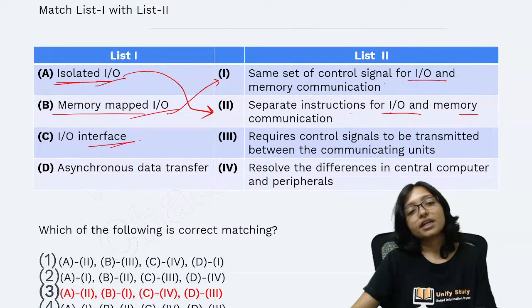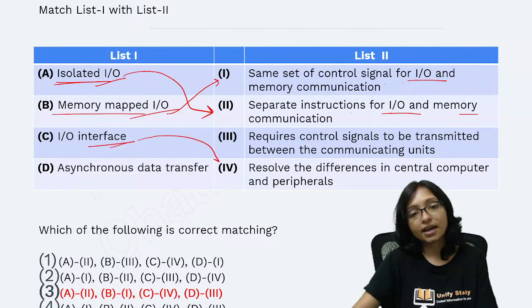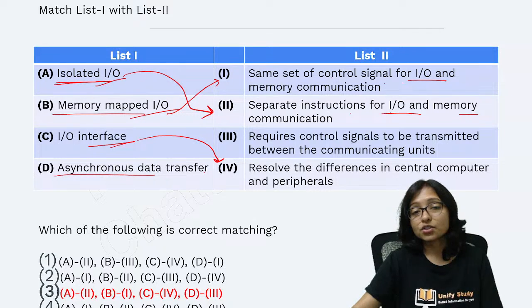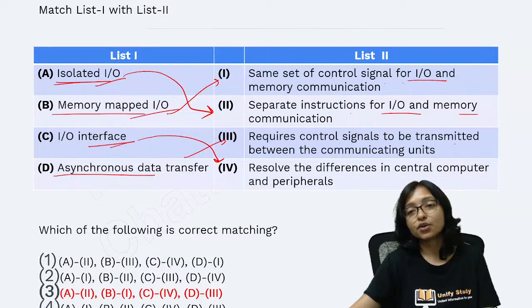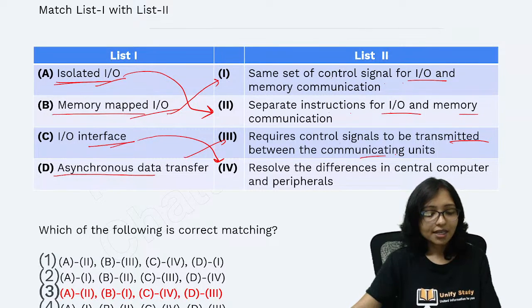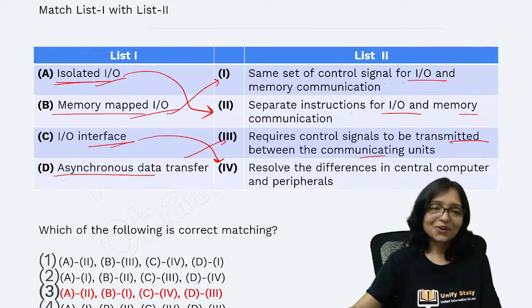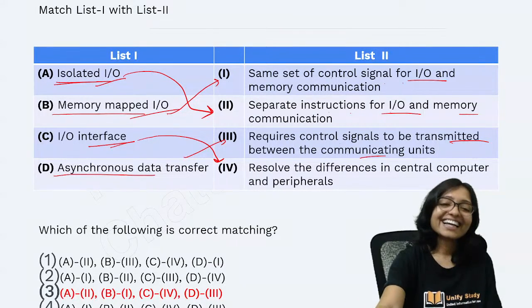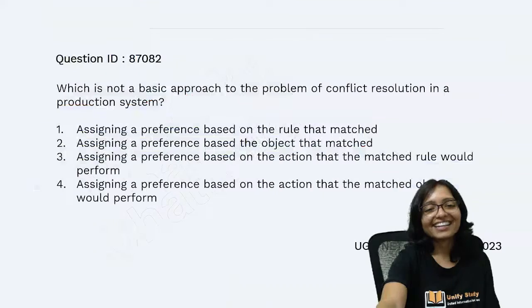Input output interface is, that is peripheral devices. Asynchronous data transfer, that is not with the time. So transfer control signals to be transmitted between the communication units. This is the thing. Okay. So that's why this is the answer.